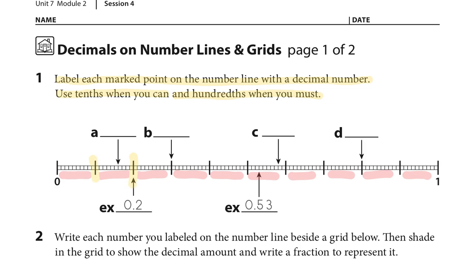So I have 1/10, 2/10, 3/10, 4/10, 5/10, 6/10, 7/10, 8/10, 9/10, and 10/10 is 1. Did you notice that along the way, this B lines up with one of our tenths, and so does D? It lines up perfectly with one of our tenths.